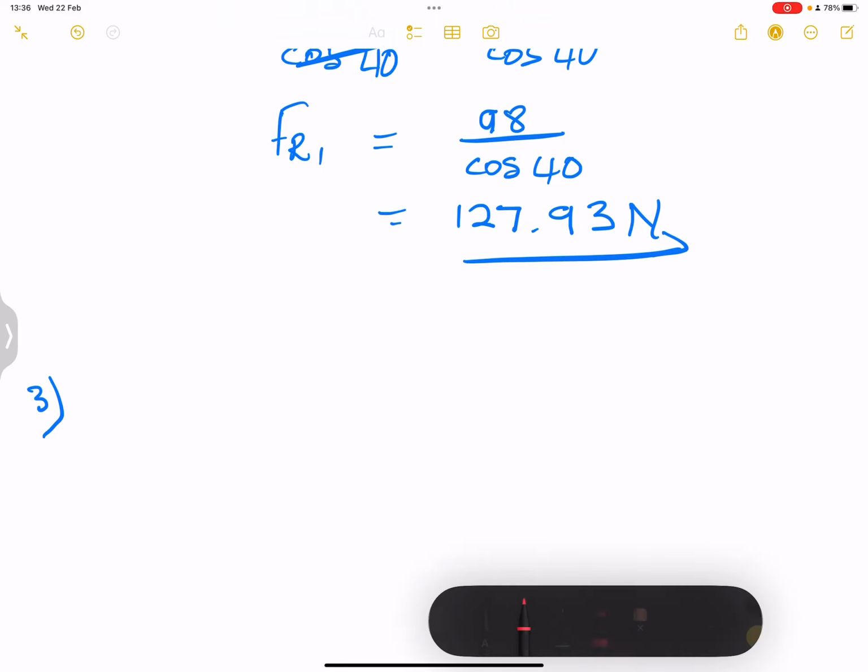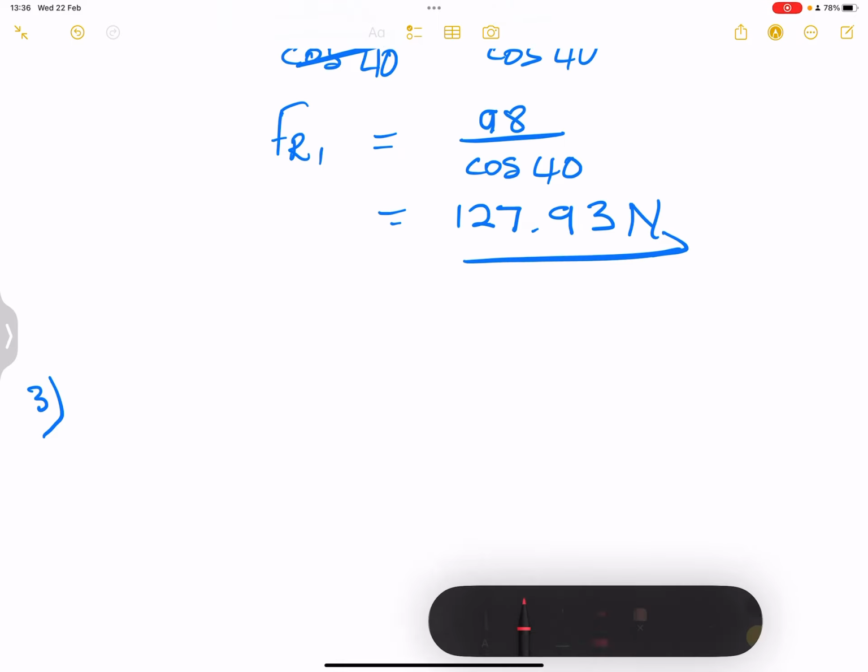Remember, tan is opposite over adjacent. I want the opposite side and I've got the adjacent side. So we're looking for rope 2, our weight is 98 newtons, tan of 40 over 1.